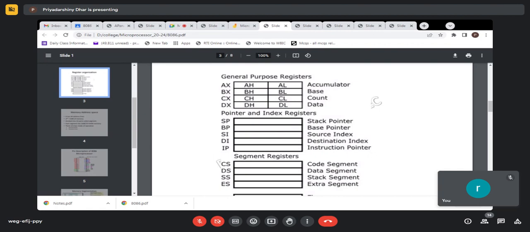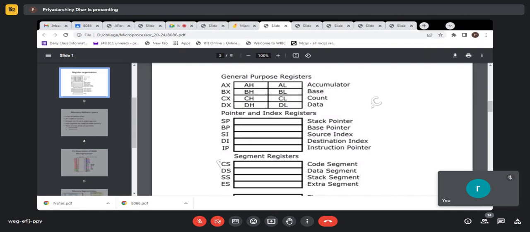Its content is automatically updated: when the microprocessor executes the current instruction, PC holds the address of the next instruction, and this content is automatically incremented after execution of an instruction. It is the same here.